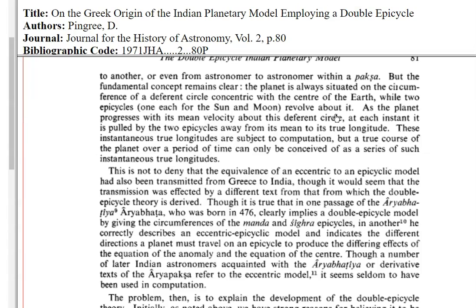And the double epicycle method somewhat agrees with Aristotle, because the planet is going around a circle, the deferent circle. It has a zigzag motion, but nevertheless it goes in a circle, and the center of the circle is the Earth. So the Indian model agrees with Aristotle.